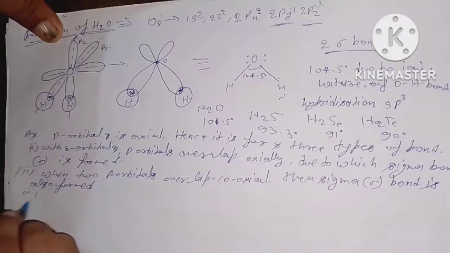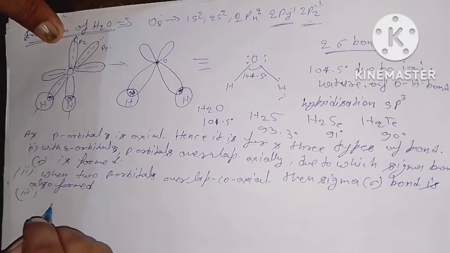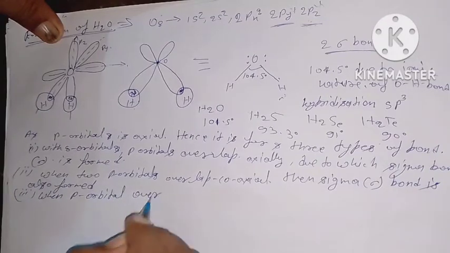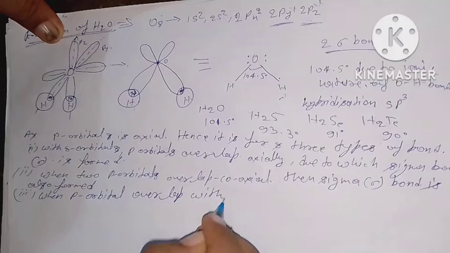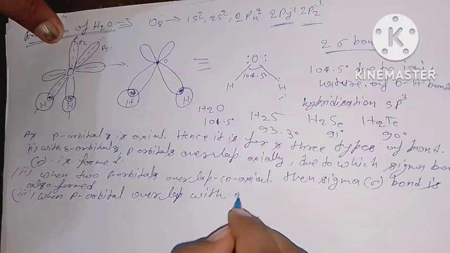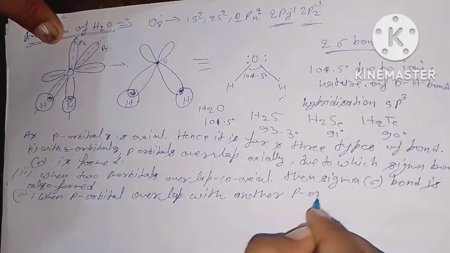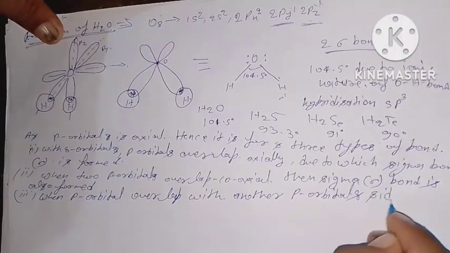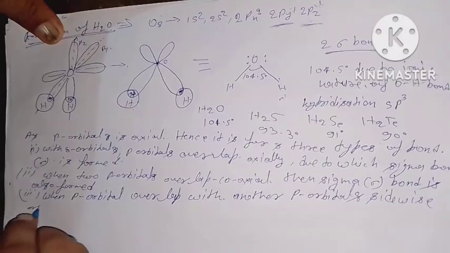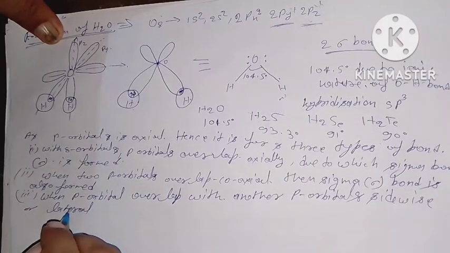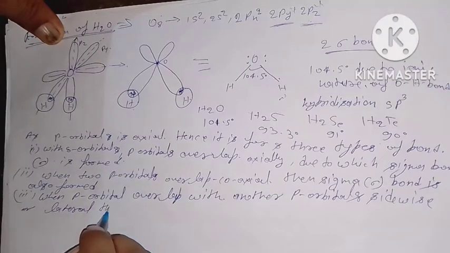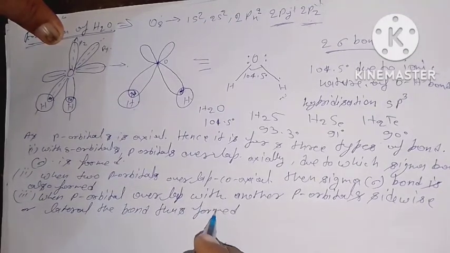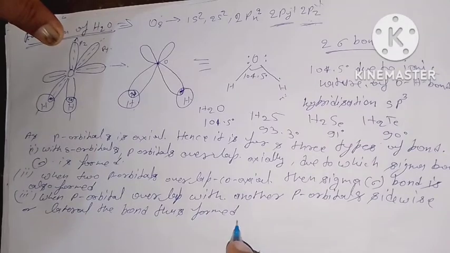Third, when p orbitals overlap with another p orbital sidewise or laterally, the bond thus formed is called a pi bond.